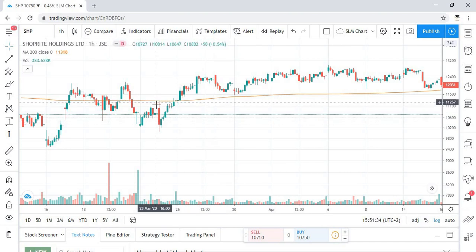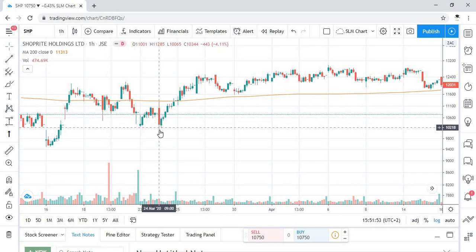What does it mean? Let's look at this for an example. This is a candle from 9 a.m. to 10 a.m. The opening price was 110 Rand, went high to 112, then came down to 100.